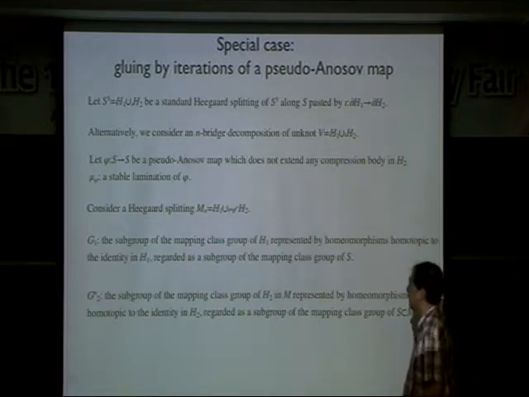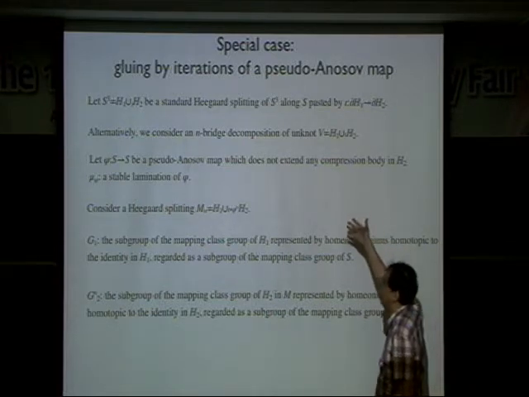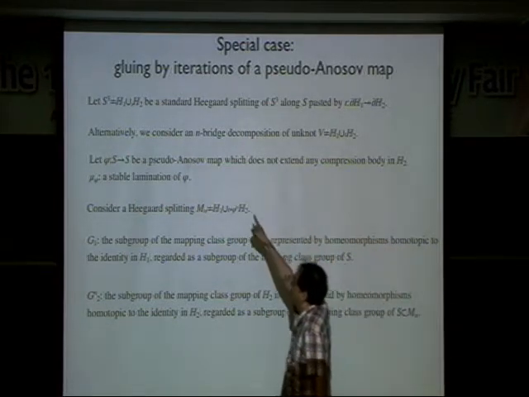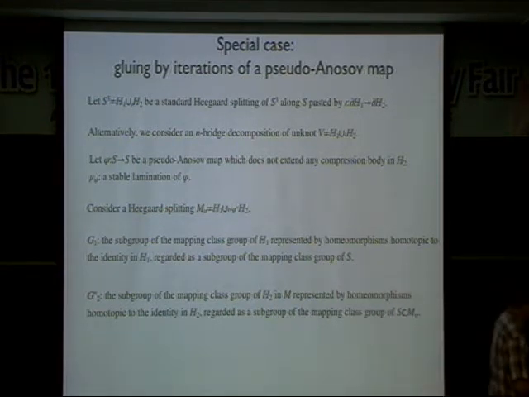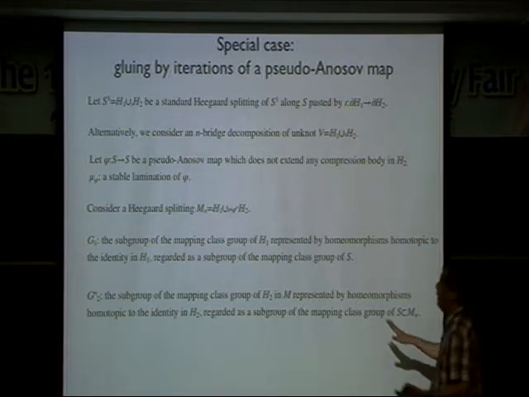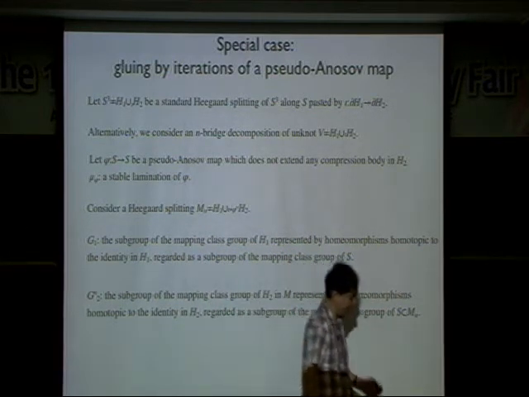It's a stable lamination. So you have a pseudo-Anosov map, which preserves two kinds of lamination. One is the stable lamination and the other is the unstable lamination. And the stable lamination is denoted by mu sub phi.